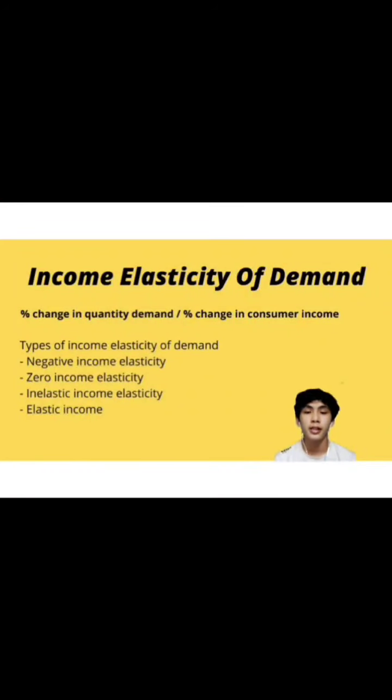Market equilibrium is defined as a condition whereby quantity demanded and quantity supplied are equal. There would be no tendency for the price and quantity to change. It is a situation when buyers are willing to purchase goods and services, and also sellers are willing to sell the same goods and services at the given price.